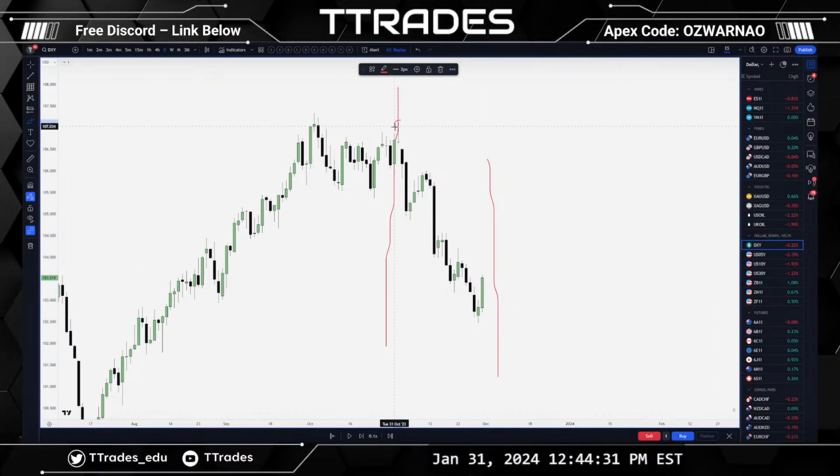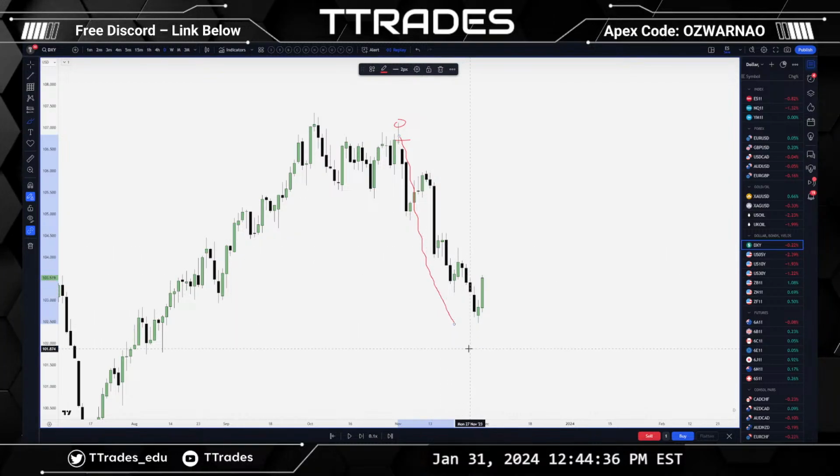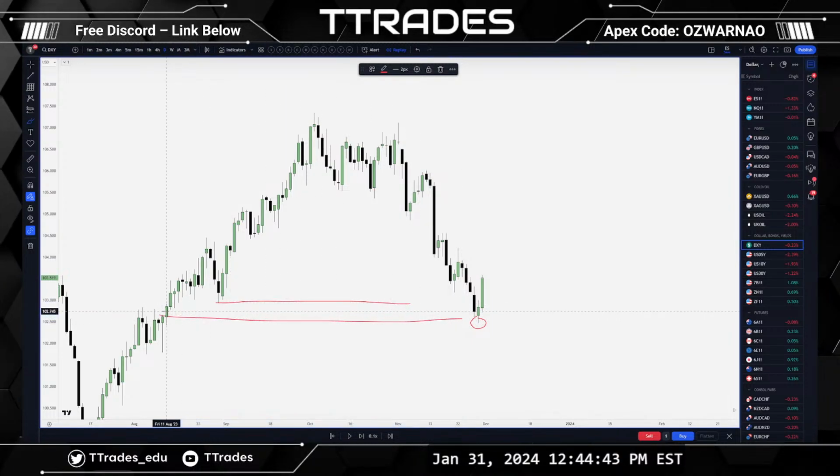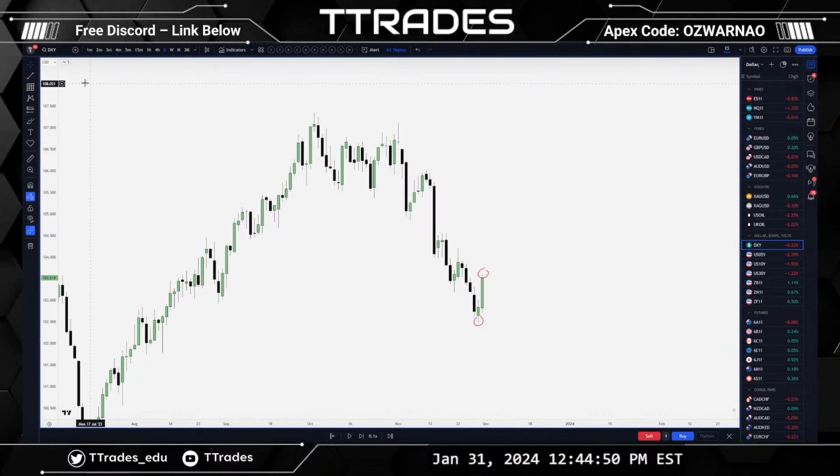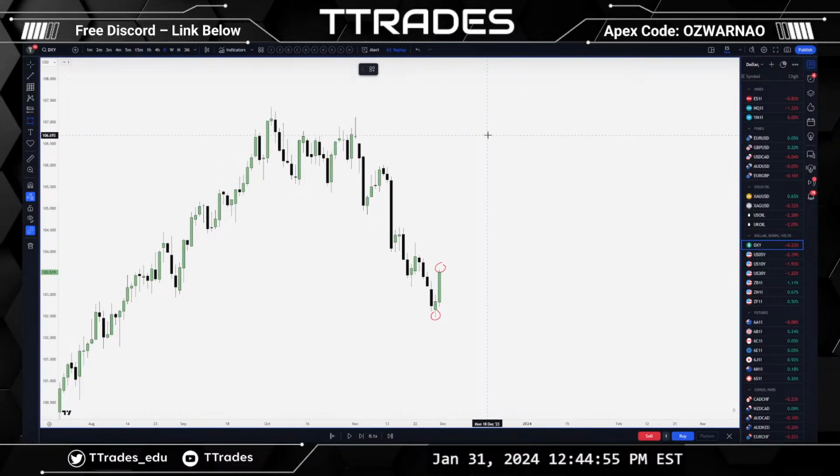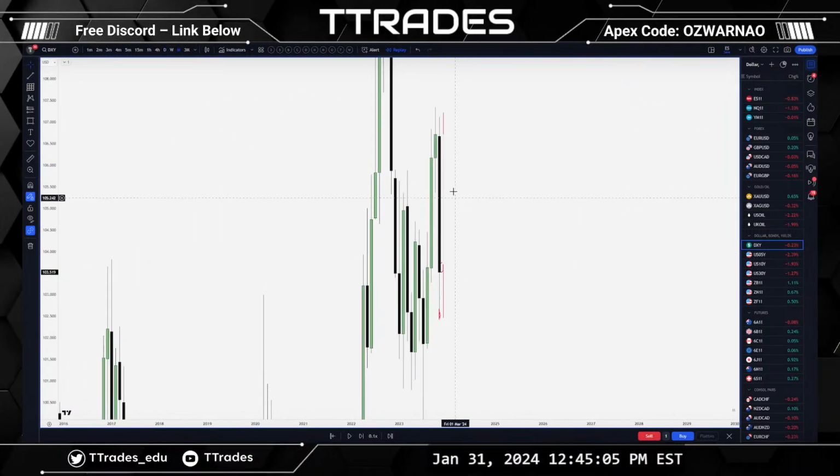We open, we make a high. Now we expand lower the entire month. So what do we get at the end of the month? You reach into sell side liquidity, imbalance, open, high, low, close. Now we pull up, monthly candle will look like this. Right? There you go.